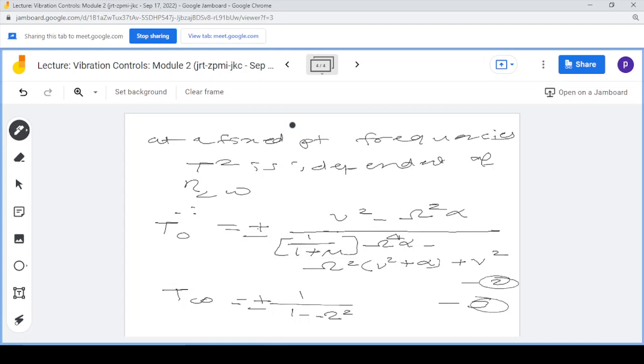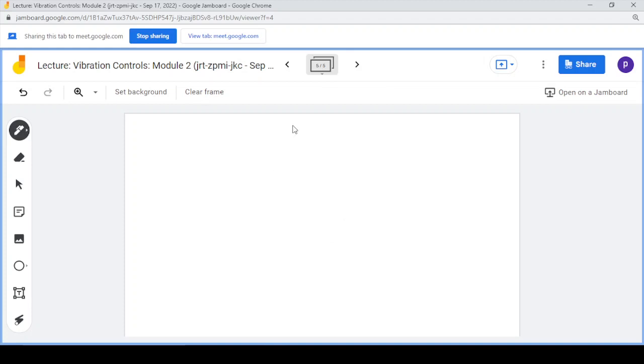And whenever we write alpha as 1, it means frequency independence of the absorber stiffness. So if I try to draw a graph, although it is very difficult to draw a graph on the board, sorry, I will not be able to. I will share this separately. Okay.